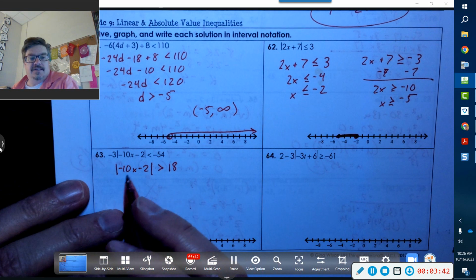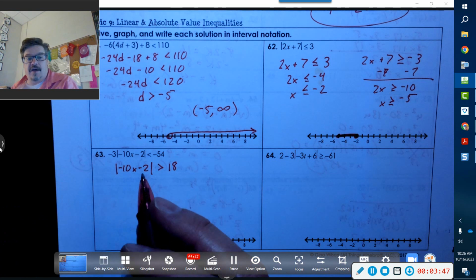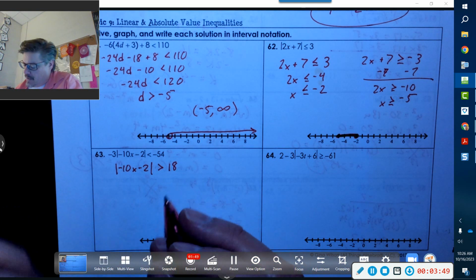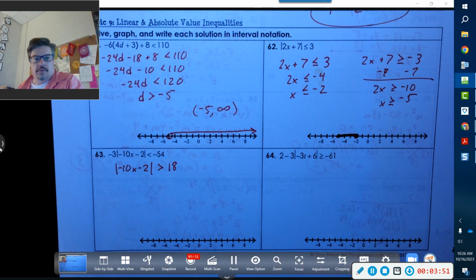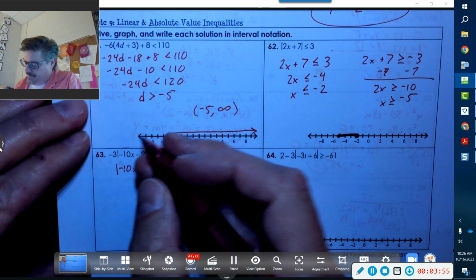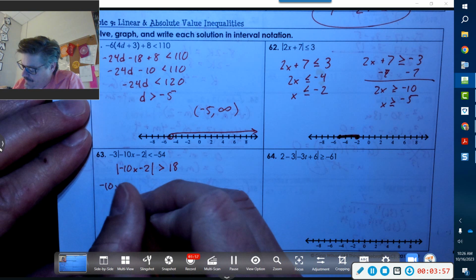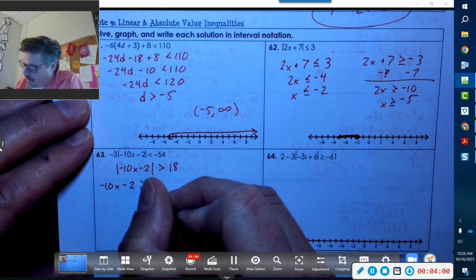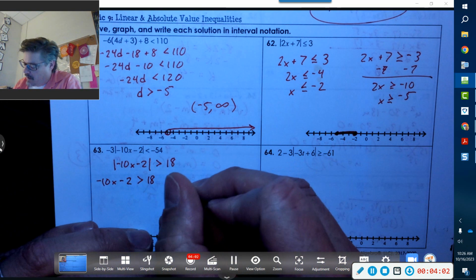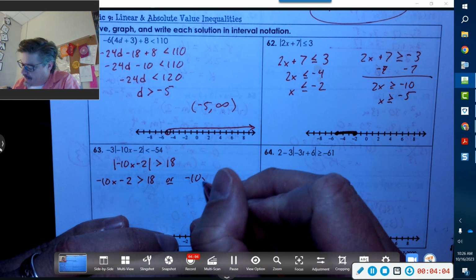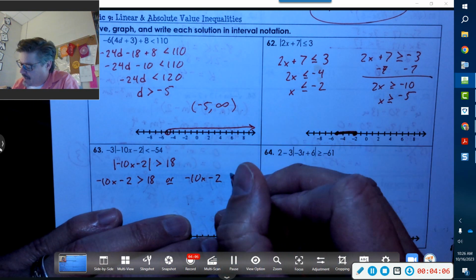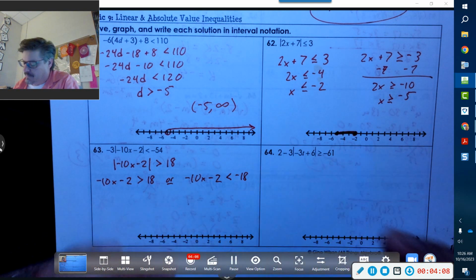I need something that, when I take the absolute value, will be greater than positive 18. So this is going to be an OR, right? We're going to have one arrow going this way, one arrow going the other. So negative 10x minus 2 is greater than 18, or negative 10x minus 2 is less than negative 18.